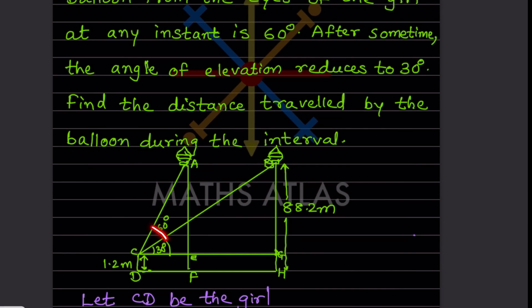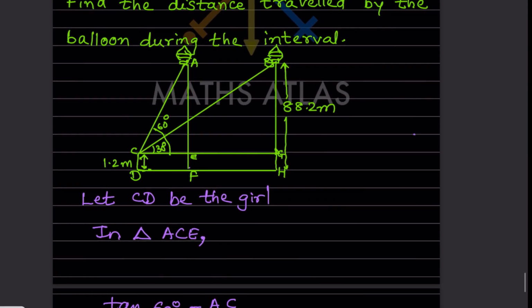See, this is the angle given over here, and then later on it reduces to 30 degree. You can name it anyway; I named it here AC. Can you see here? This is E and this is B.